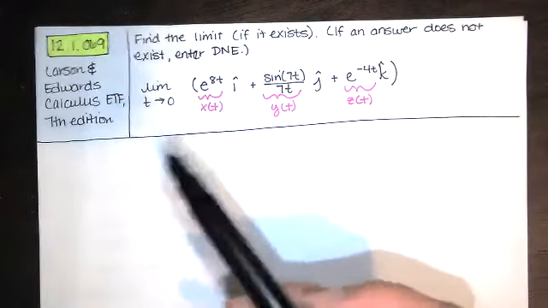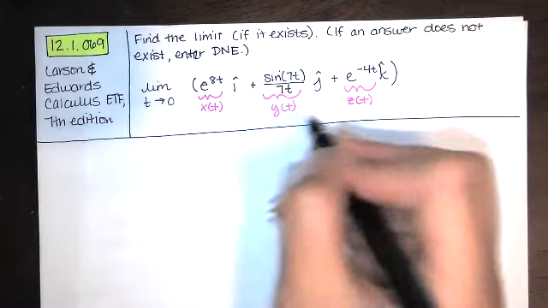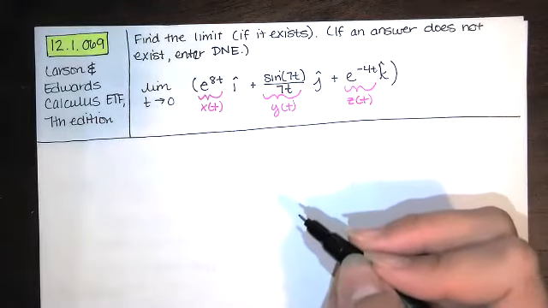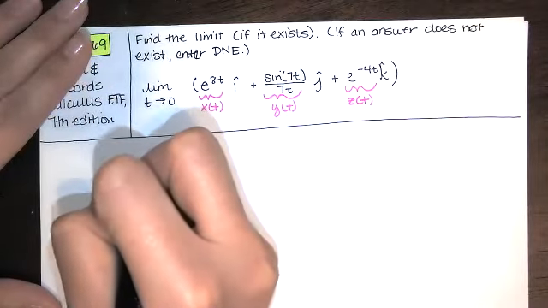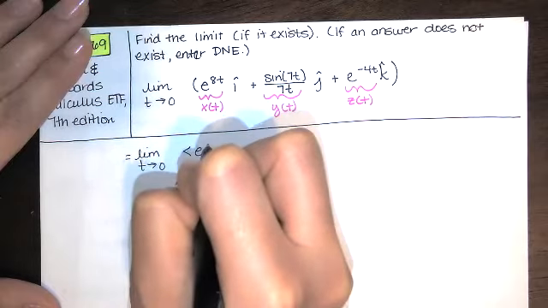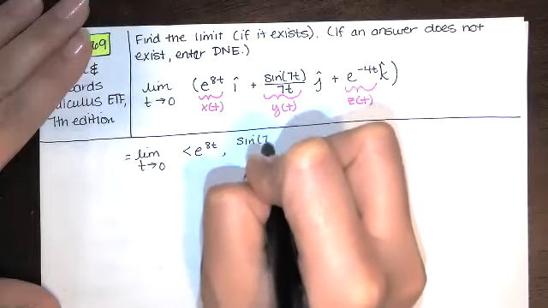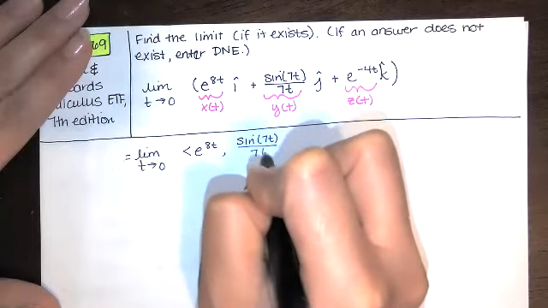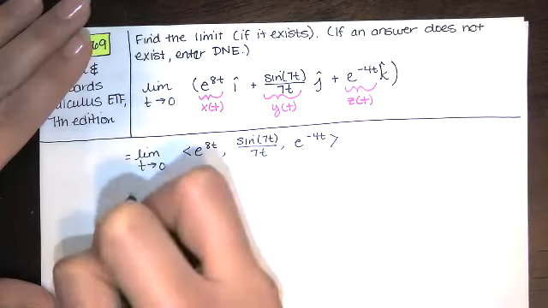I prefer component form rather than this notation in terms of standard unit vectors, i hat, j hat, and k hat. So I'm going to write this a little differently. This is the same as the limit as t approaches 0 of the vector with components e to the 8t, sine of 7t divided by 7t, and e to the negative 4t.